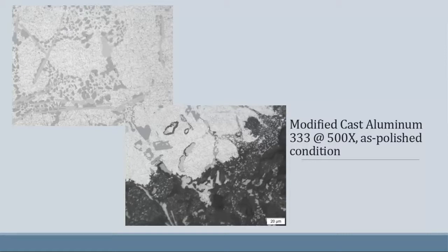So looking at its microstructure, in this top left corner, that's in the as polished condition. I have not etched either of these images, and they're both at 500x magnification. Okay, so looking up here, you can see the varying shades of gray.